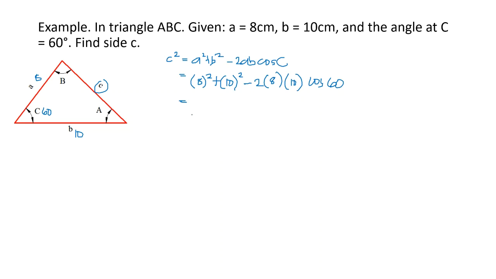So this is equivalent to 84, but as you can see, this is still squared, so we have to square root both sides. So the value of our C now is equivalent to 2 square root of 21, or in decimal, that is approximately 9.17.